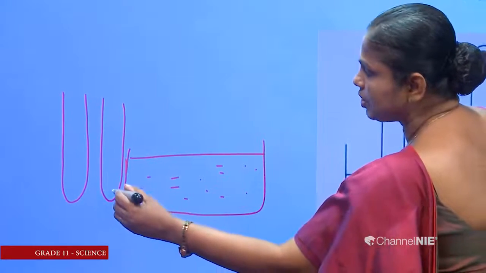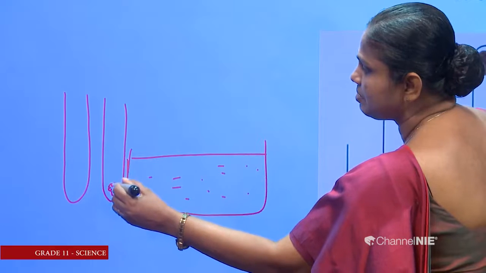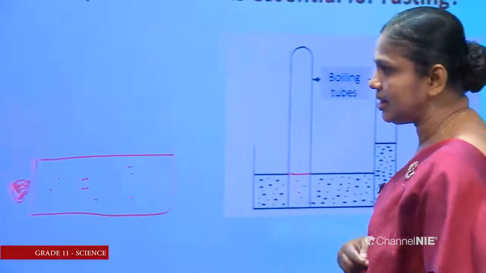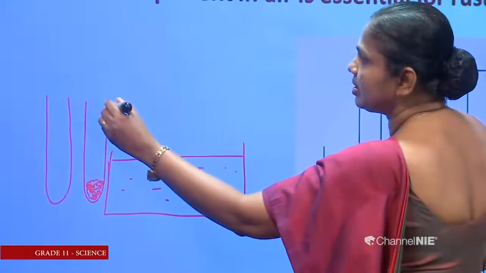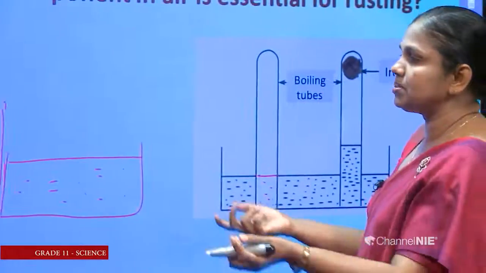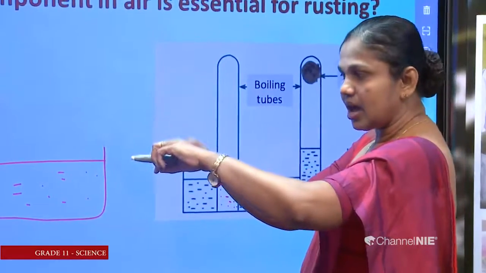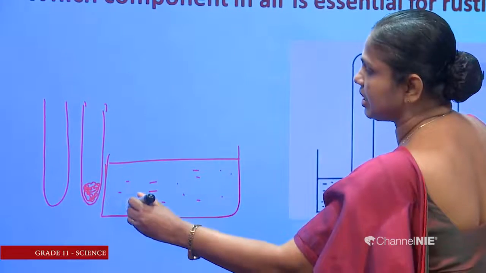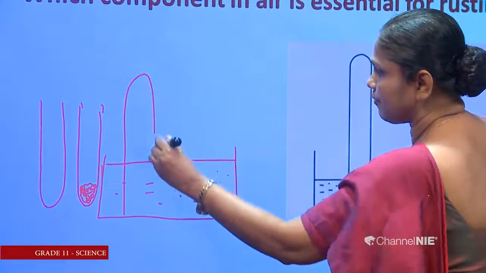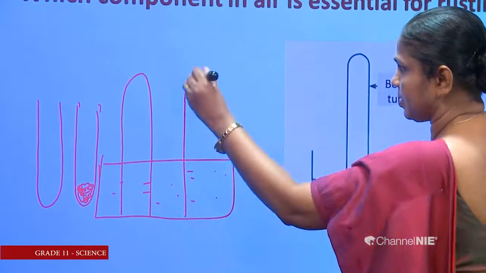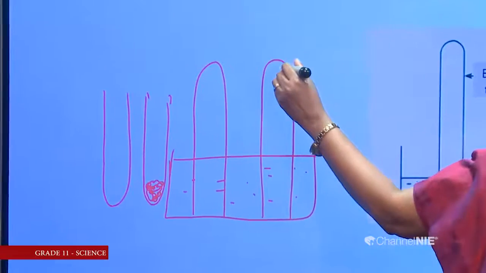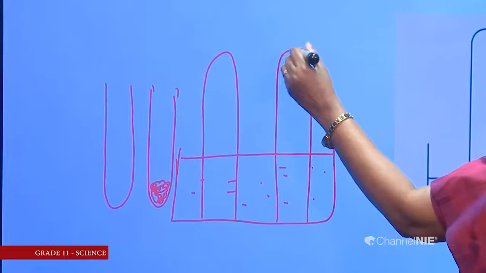For one test tube only, some iron wool is inserted, and then both test tubes must be upside down and inverted and inserted into this trough of water. Right, now this is iron wool.